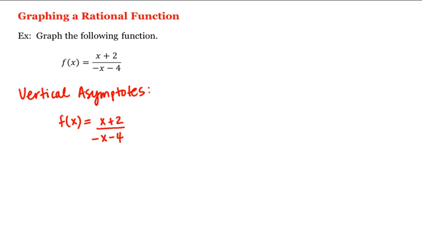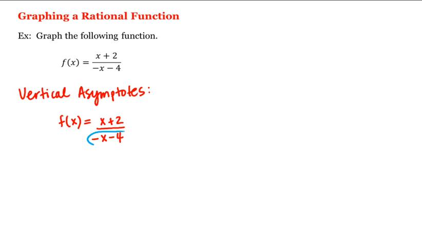First, note that f is in simplest form. That is, the numerator and denominator do not have common factors. And a rational function in simplest form will have vertical asymptotes at the zeros of the denominator. Because as x approaches such zeros from either the left or right, then f will increase or decrease without bound.